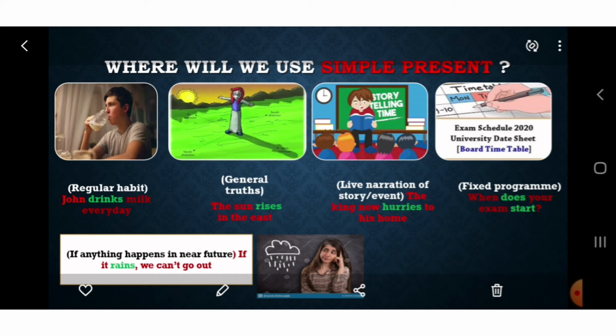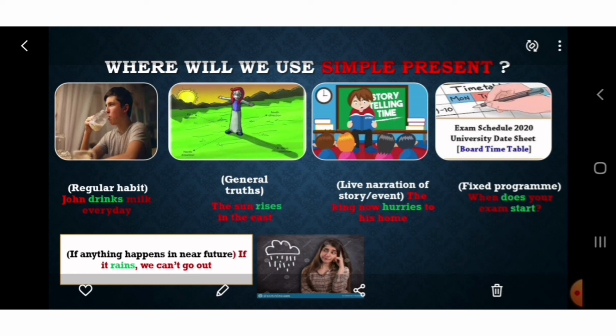So this kind of thing happens in case of a question sentence. So do or does come at the first part of the sentence. So here, since the program is fixed, we are using does start. When does your exam start?